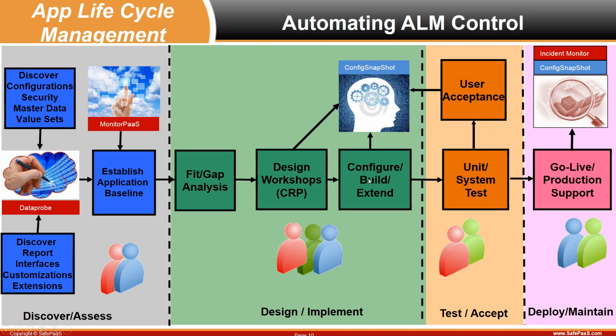And so ConfigSnapshot is an excellent tool for change management, specifically around application change management, and that's what we'll share with you shortly. It also helps you transfer, not just compare, those key setups. If you find differences in payment terms or responsibility configurations, you can move those around.